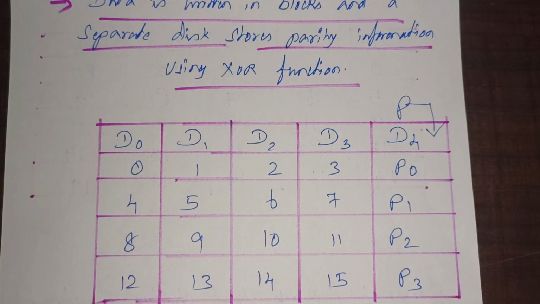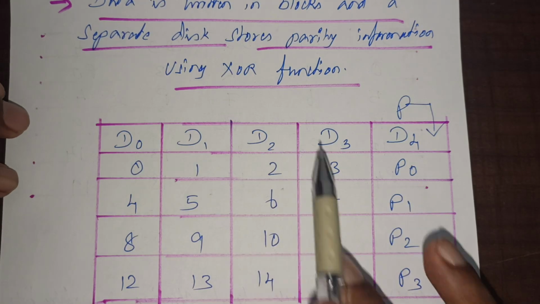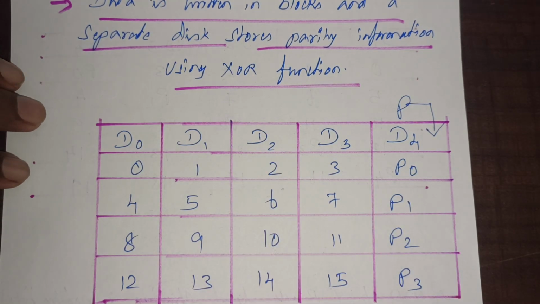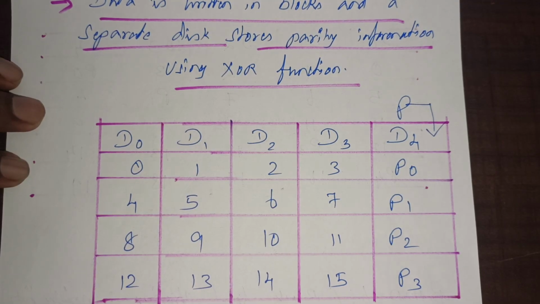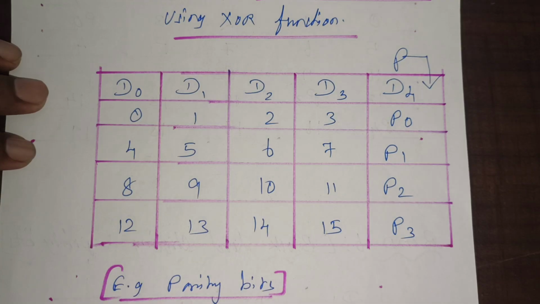The parity information is calculated using the XOR function, as I already told you. This setup allows data recovery in case of a single disk failure. Here we are going to check the parity bit.